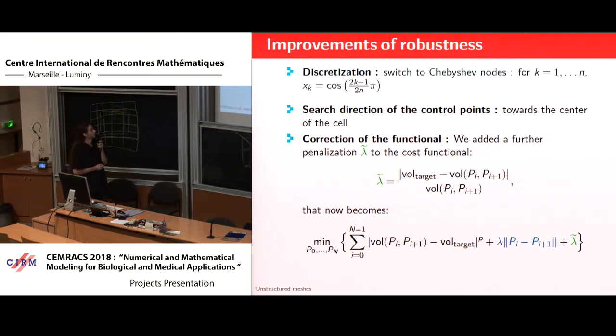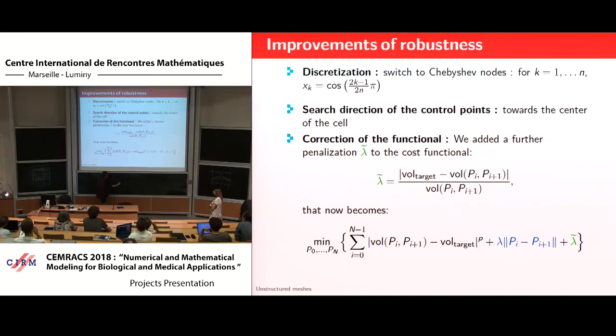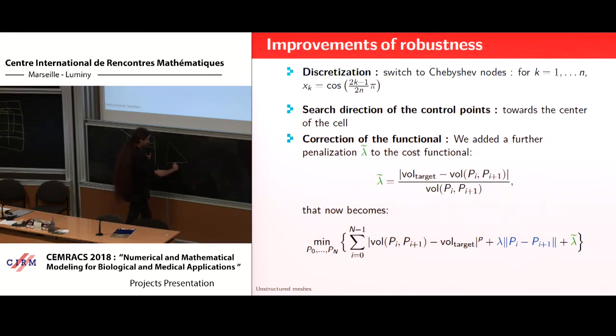Another technique we tried was to change the searching direction for the control points and to go in the direction of the center of the cell instead of the bisector. For example, if you have a triangular mesh and an interface that has this kind of shape, the bisector will search for a control point in this direction, and you don't always have sufficient volume to correct your targeted volume.